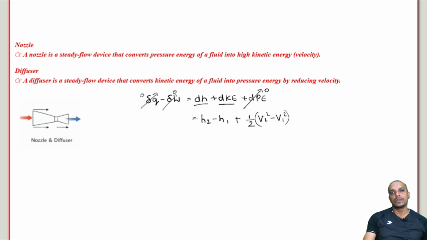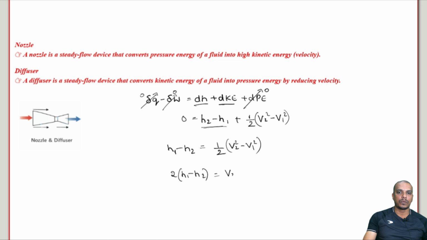Now, in a nozzle or diffuser, we may be pretty much interested in the velocity at the outlet. So, let us reduce this to the velocity at outlet. Now, what will happen to this? This will come on the other side: H1 minus H2 is equal to half into V2 square minus V1 square. Or this 2 will go here: 2 into H1 minus H2 is equal to V2 square minus V1 square.